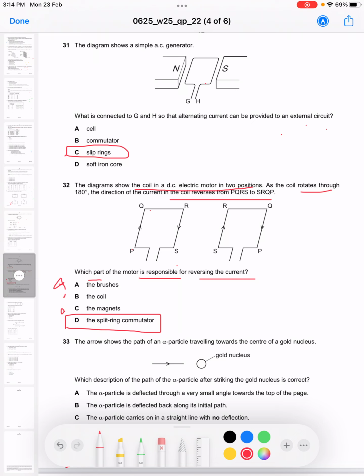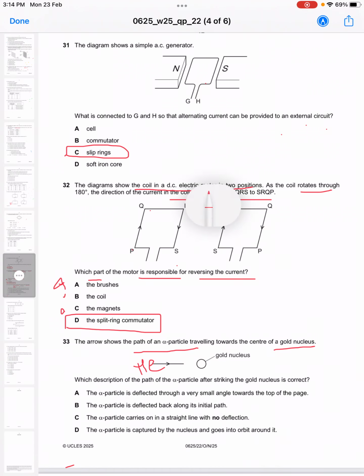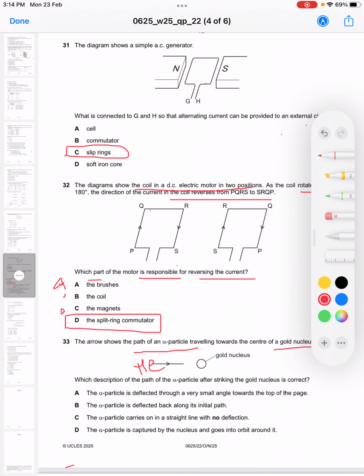The arrow shows the path of the alpha particles traveling towards the gold foil. This is our alpha particles, meaning the helium nuclei. Which description of the path of the alpha particles after striking the gold nucleus is correct?